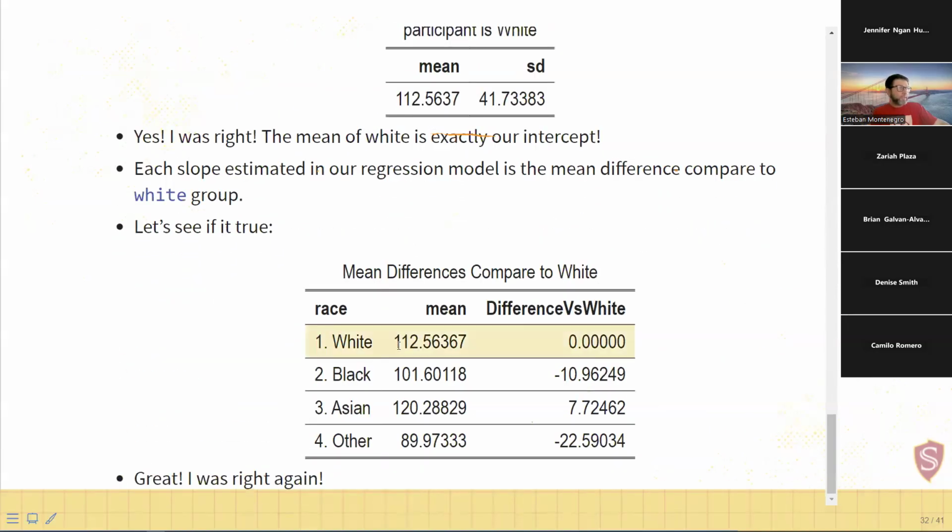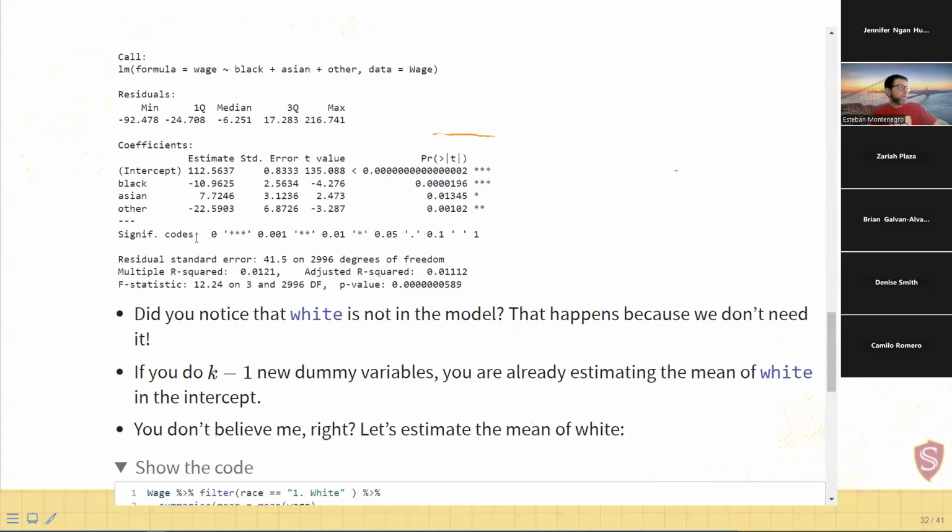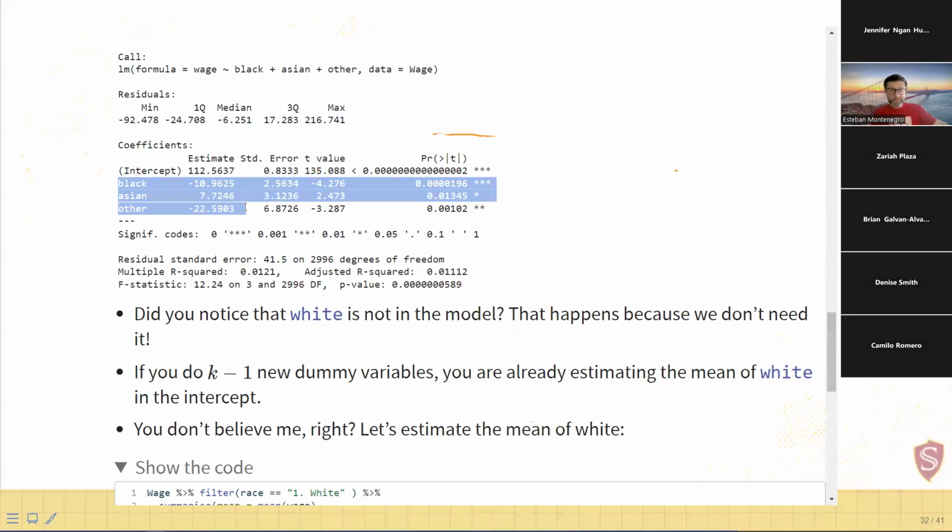And I estimated the mean of each group in this table, and I subtracted the mean difference. So I subtracted 101.60 minus 112.56, and I got this number. I did the same for Asian and other, and if you check the numbers, they are exactly the same as these numbers right here. Okay?